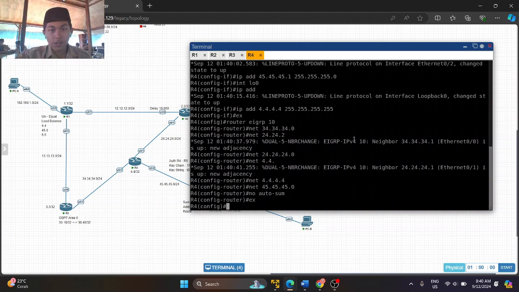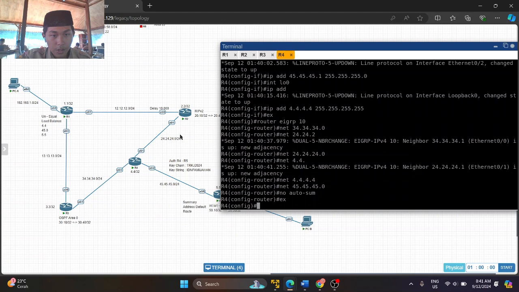Then, as you can see here, we have to configure authentication. So let's reset keychain.